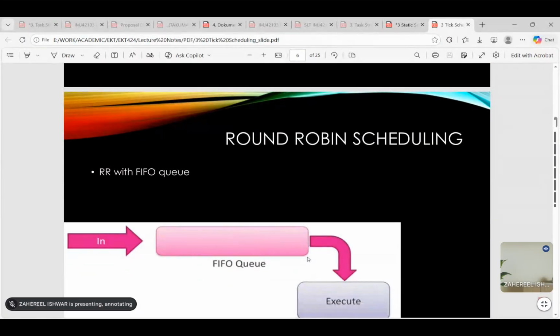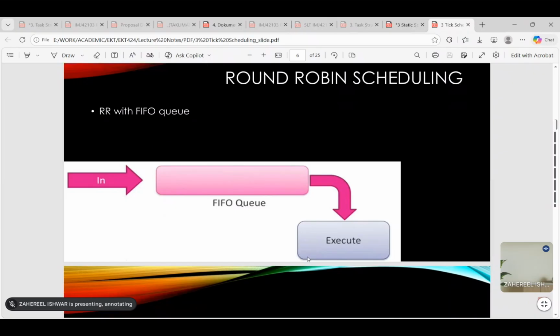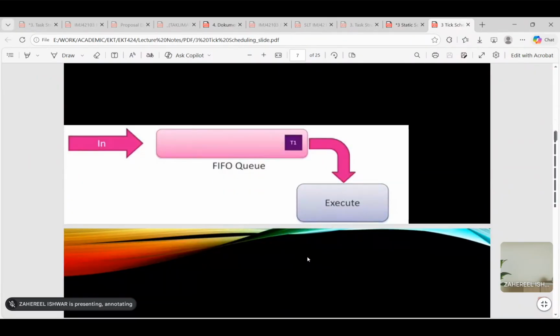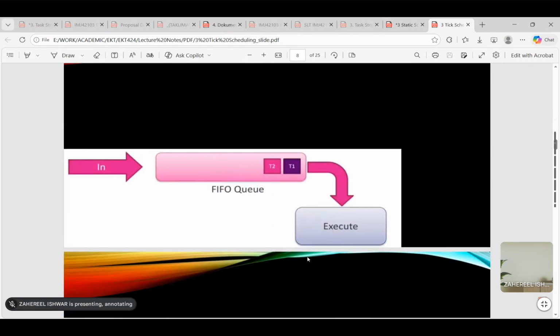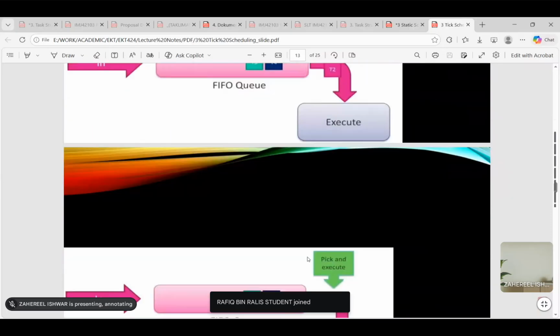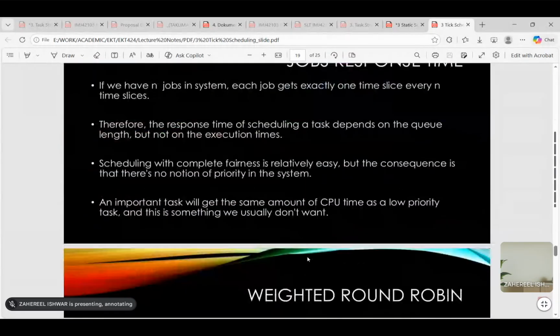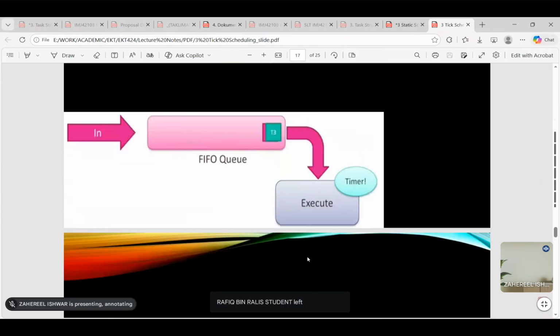Okay, another scheduling algorithm, we call it round robin scheduling. I think you guys are familiar with round robin, right?